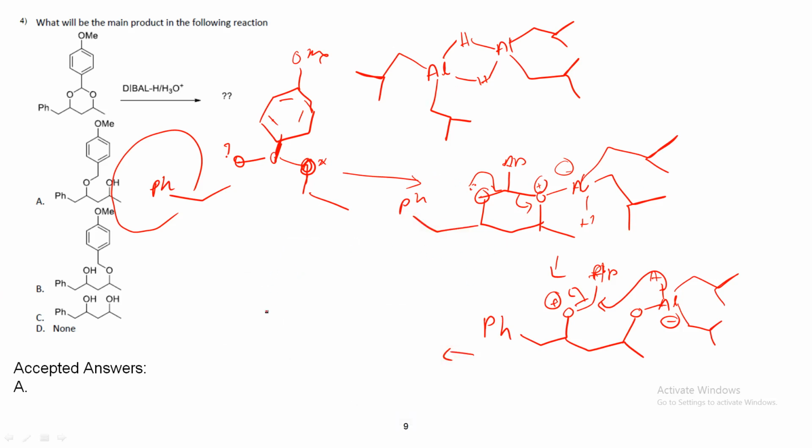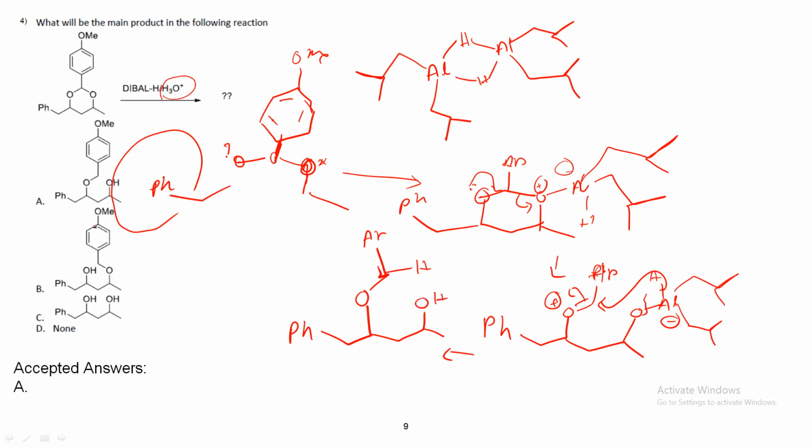So after this attack, here it is reduced by the hydride group, aromatic ring is there, hydride is there, and in H3O plus, this particular acidic condition, this oxygen aluminium bond can be clipped. So here we are generating OH, and here this.